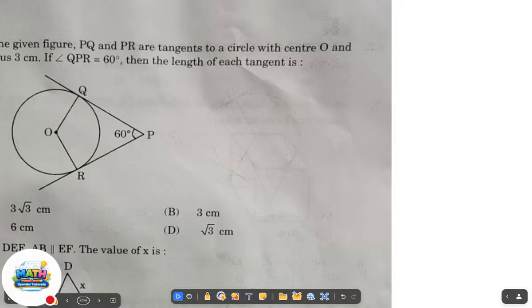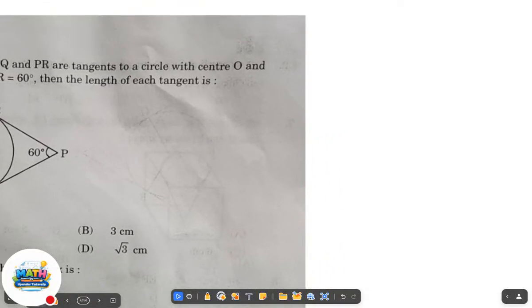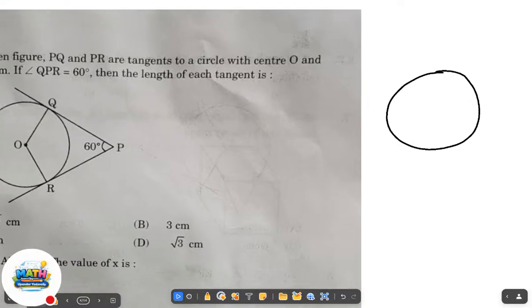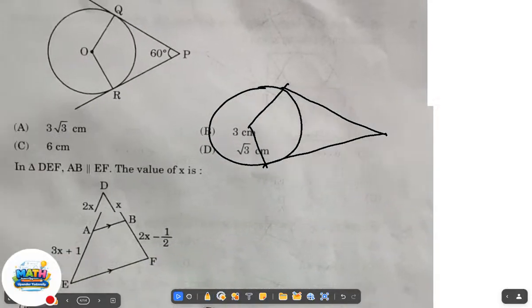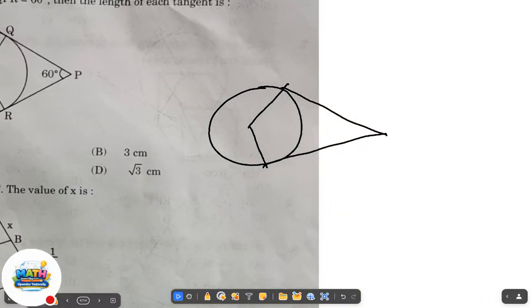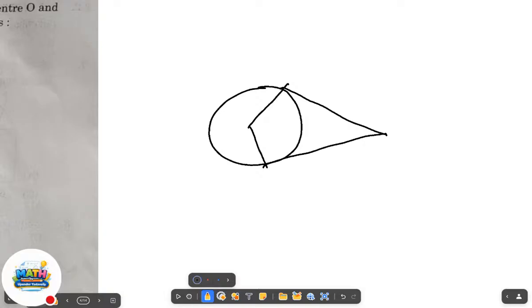So what is given here? Let's redraw it here. A circle, with points P, Q, O, R. Now it is given that the radius is 3 centimeters and the angle between the tangents is 60 degrees.